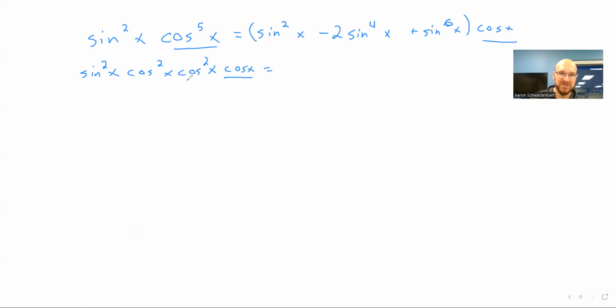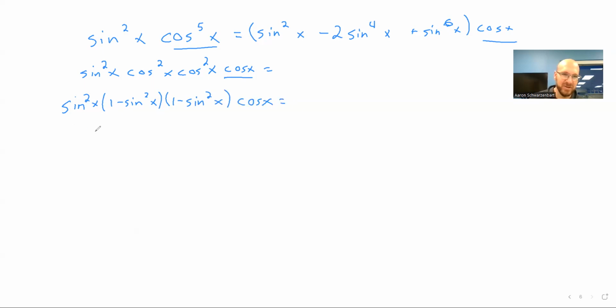I'm going to change the other 2 cosine squareds to 1 minus sine squared, because I've got that version of the Pythagorean identity. So there's my cosine x tagged on the end.